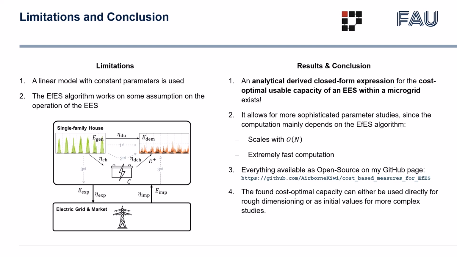Or obviously, especially if you look at planning studies for communities or for regions, most of the time they are fine with just rough dimensionings, rough guesses, educated guesses basically. And those kinds of rough dimensionings can obviously also already be achieved with a linear model.